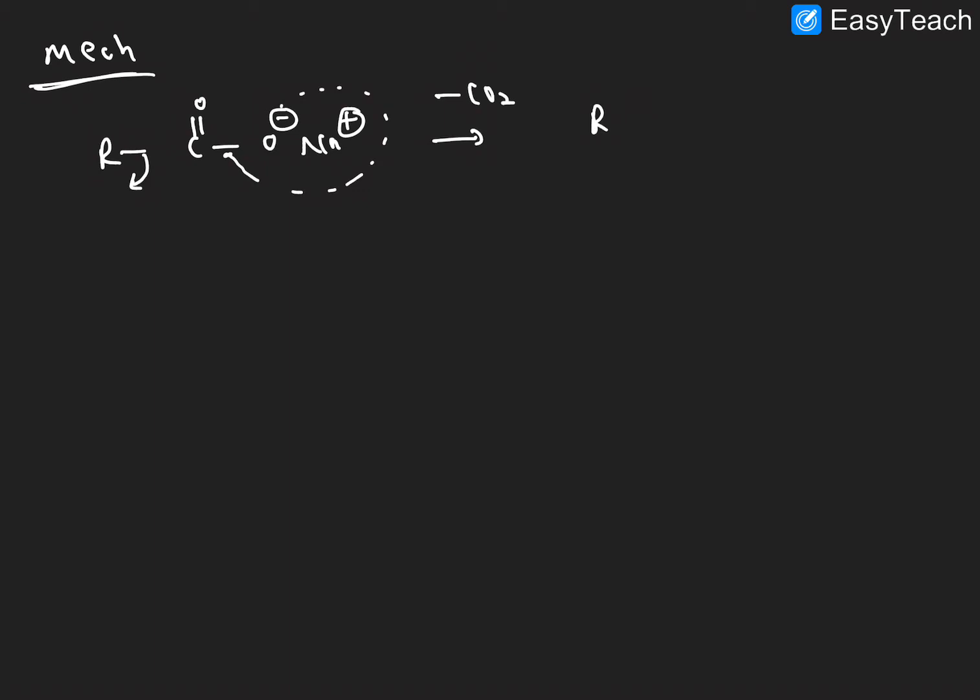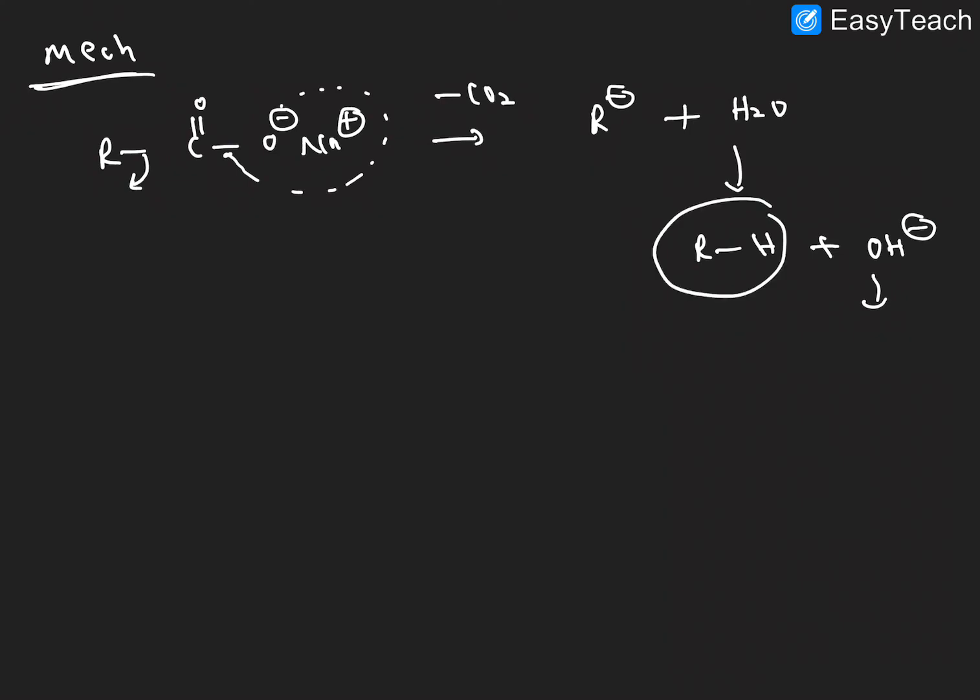So what is the formation here? Loss of CO2 and R minus is there. In the presence of water, it abstracts the H plus ion, RH will be formed, and that OH minus goes off, and Na2CO3 is forming like this. So finally we got the hydrocarbon here.